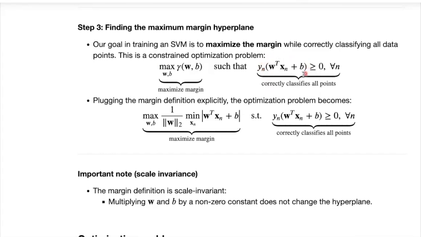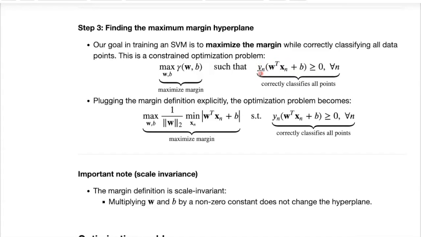The reason is that if this term here, which is sort of like our f of x, has a positive sign, and yn is also +1, then the multiplication is definitely greater than or equal to 0, so it has a positive sign too. And similarly, if W transpose xn plus b has a negative sign, and yn is also -1, then we correctly predicted the label for this xn, and multiplying two negative numbers gives us something that is positive.